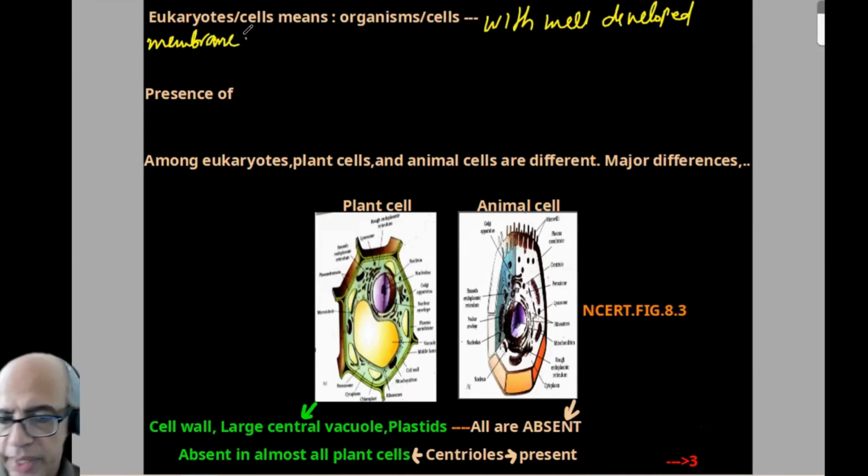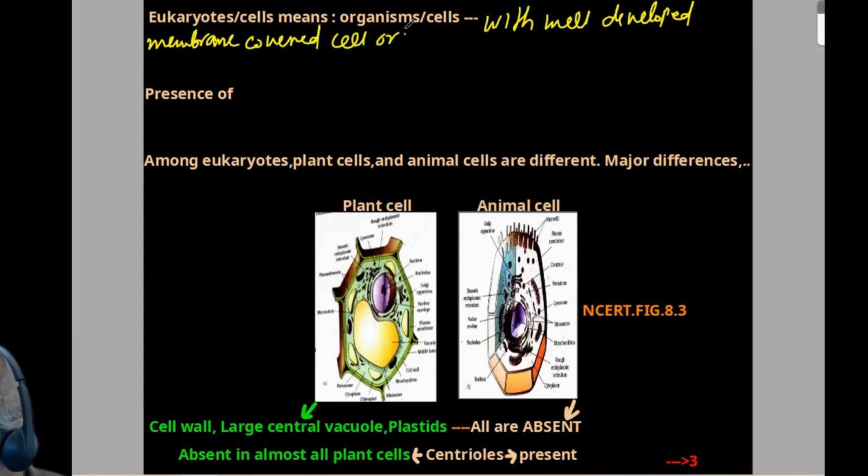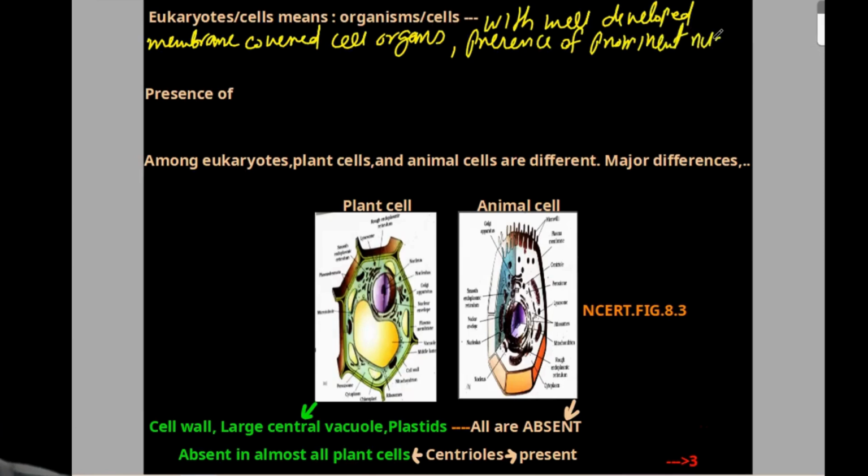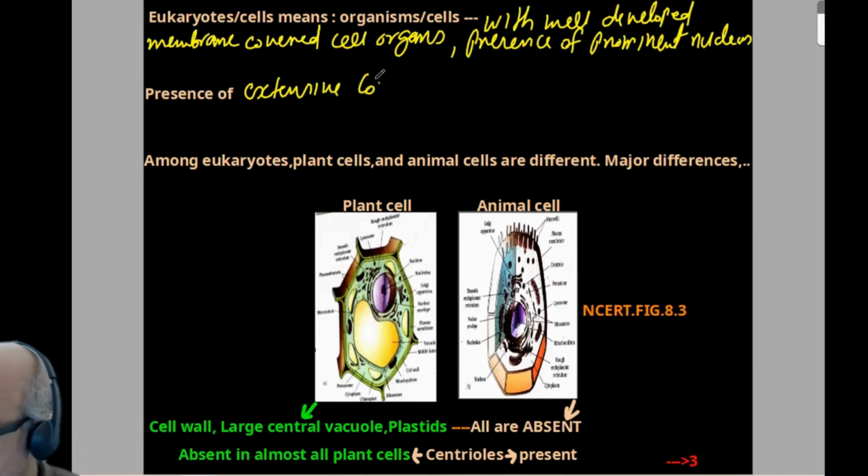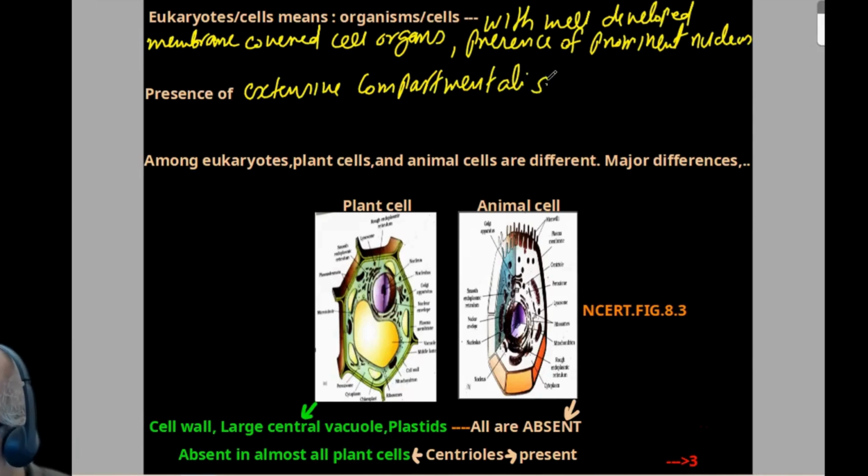Membrane covered cell organs. Similarly, presence of a prominent nucleus. Then only we can call it a eukaryotic cell. Similarly, we can find presence of extensive compartmentalization. Another feature for eukaryote.